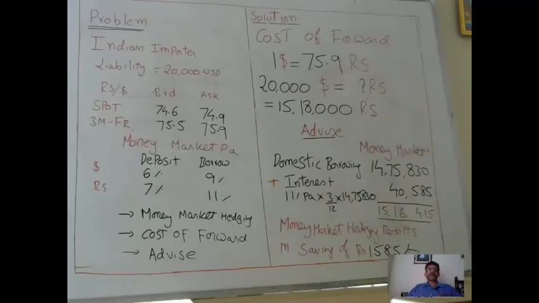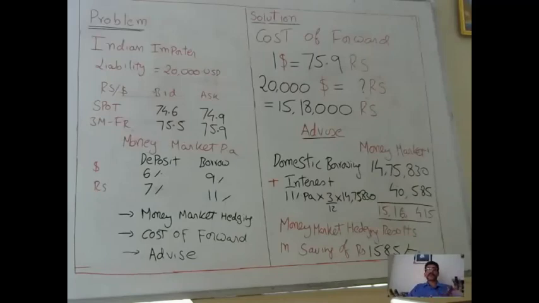What is the rate of interest in Indian rupees? 11% per annum. If I convert that to 3 months, because you need to make the repayment after 3 months, that gives me 40,585. The interest you are going to pay is 40,585. The principal amount is 14,75,830 plus an interest of 40,585.